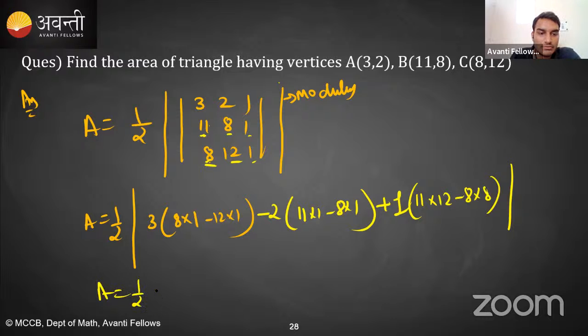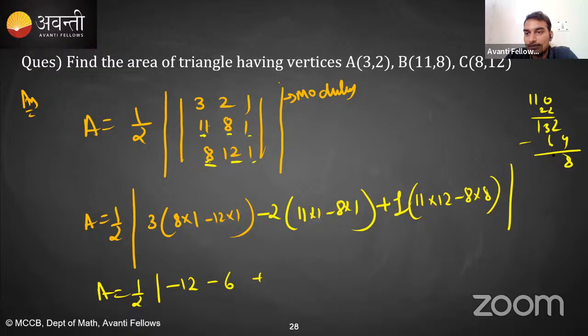Kitna ho gaya, 1/2 into this is 8 minus 12, minus 4 into 3, minus 12. 11 minus 8 which is 3, minus 2, 3 into 2 is 6, minus 6, then plus 11 into 12, so 110 and 22, 132 minus 64 which is 68, plus 68.